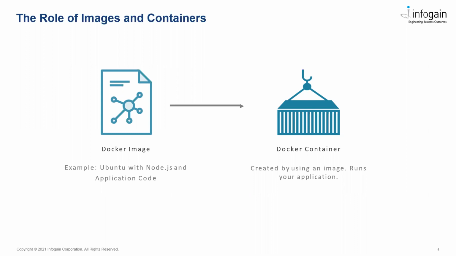Similarly, we have something called a repository in this entire concept, and that is called Docker Hub. Docker Hub is a public repository where you have the Docker images. So if I need SQL Server, I'll go to Docker Hub, download it, and run it. And when I run it, I will get a running instance of my SQL Server in the form of a Docker container.